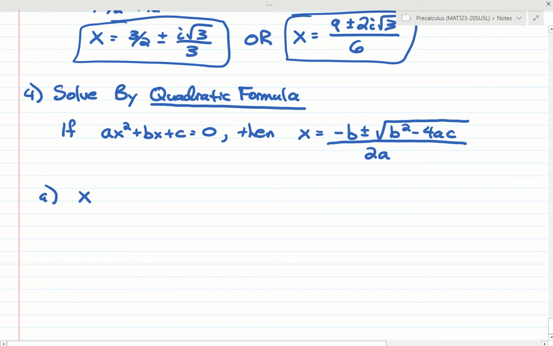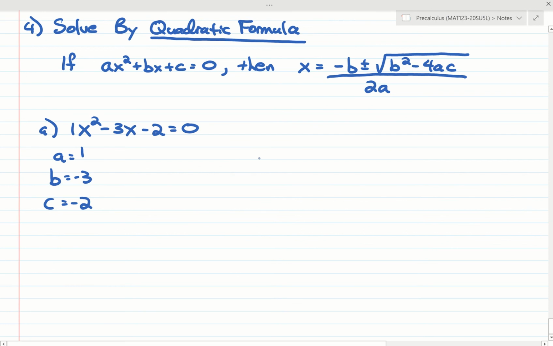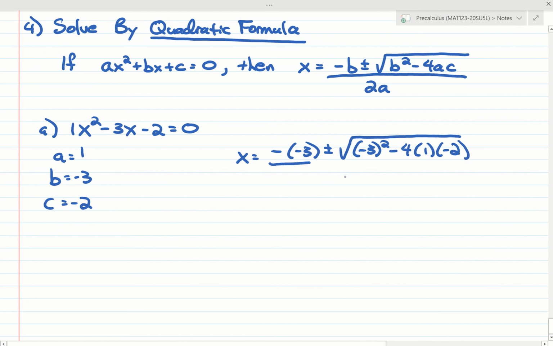One example looks like this: x squared minus 3x minus 2. Sometimes people like to label what a is. a would be 1, b would be -3, and c is -2. So using our quadratic formula, x would equal the opposite of b plus or minus the square root of b squared minus 4ac, all divided by 2a.